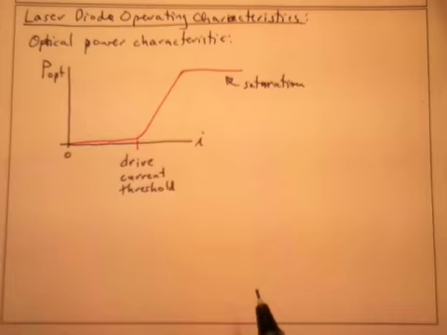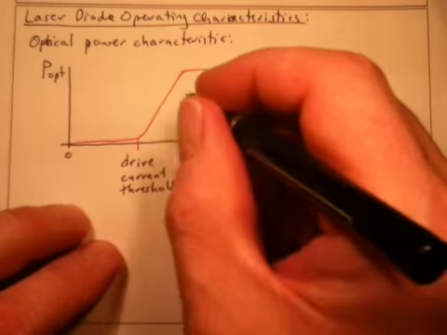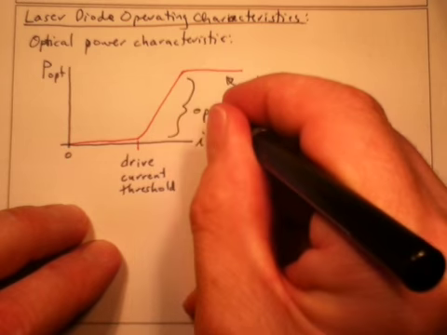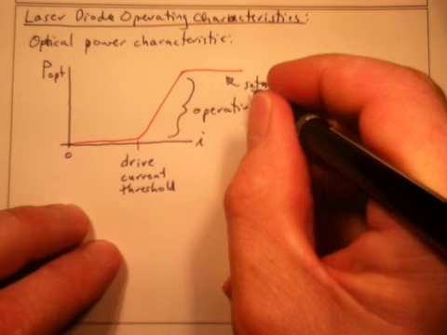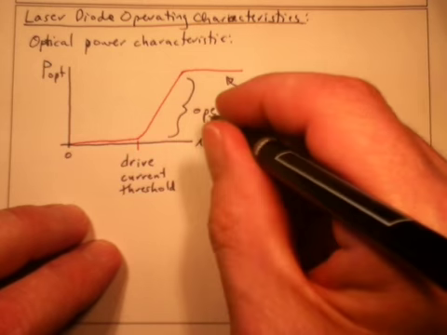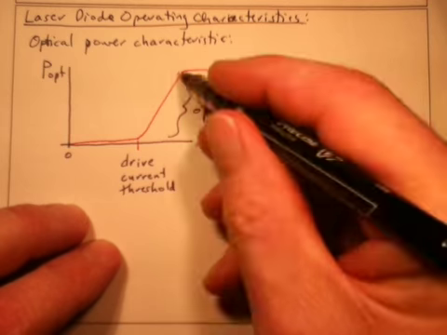Okay, and so here's where we want to operate, the operating region. We're going to operate along that part of the curve.